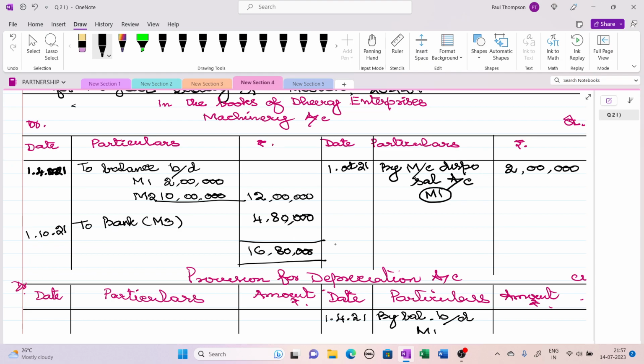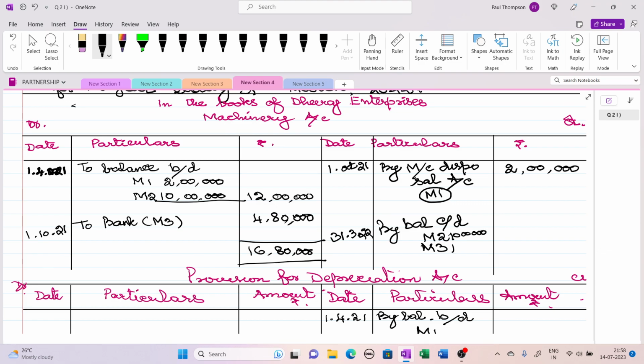Now here they have asked us to close the books on 31st March 22. So on that day the closing balance of these machinery is the balance carried down. You can always write here M2 is there for 10 lakh and M3 is there for 4,80,000.